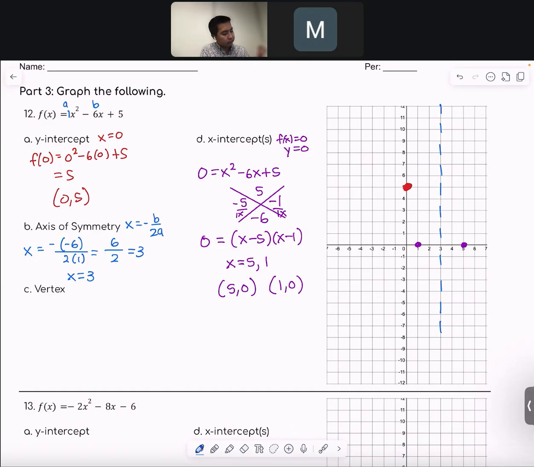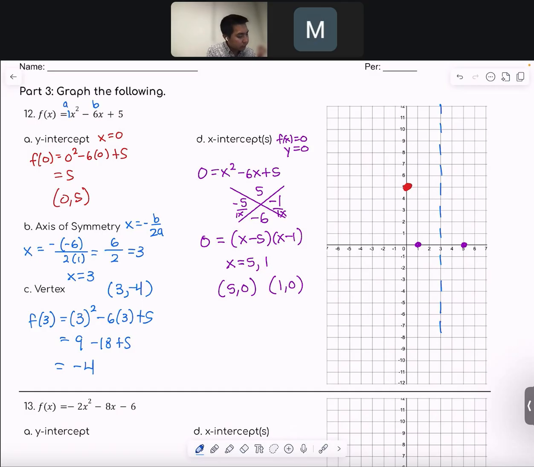And to find the vertex, we need to plug the x value into the function. So everywhere we see an x, it now becomes a 3. We already know the vertex is 3 comma something, so plug in 3 for x. 3 to the second power minus 6 times 3 plus 5. 9 minus 18 plus 5 is negative 4.